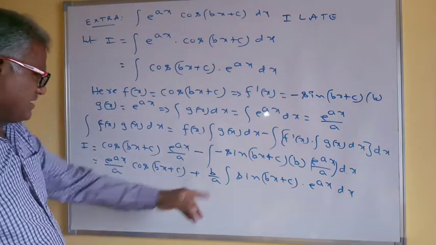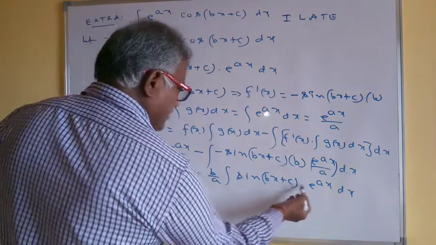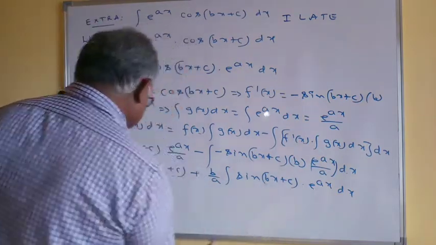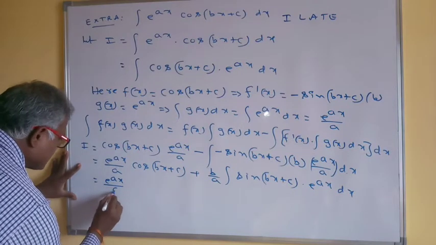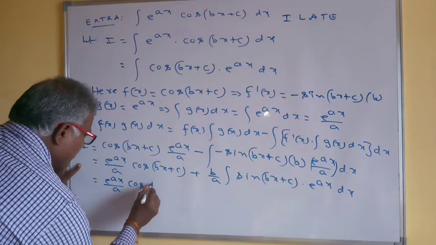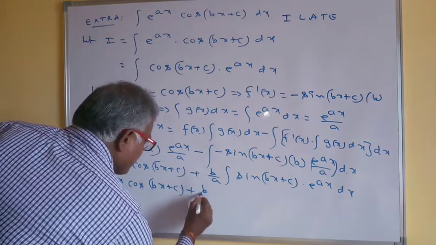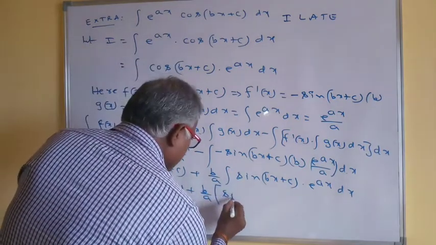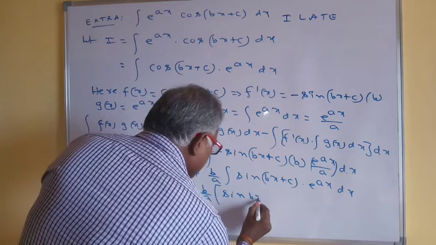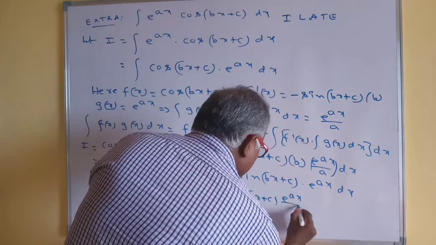Next, if you observe, again this is nothing but by parts, the product of two different functions. So it is equal to e power ax by a into cos(bx plus c), plus b by a into first function sin(bx plus c), integral value e power ax by a.